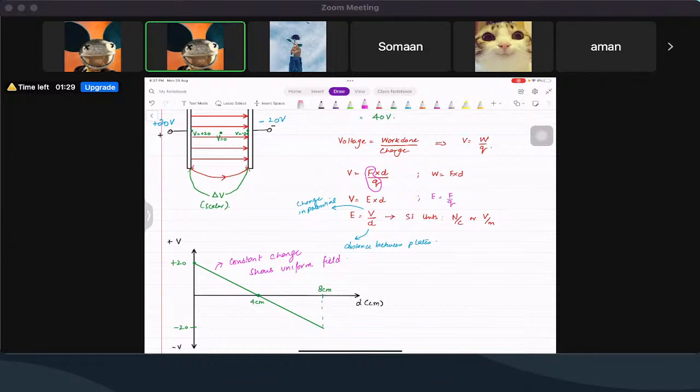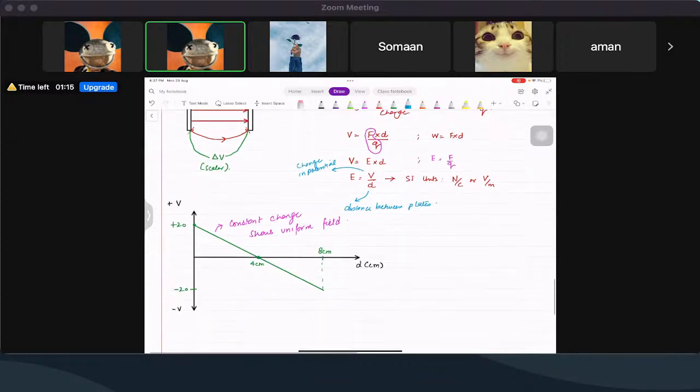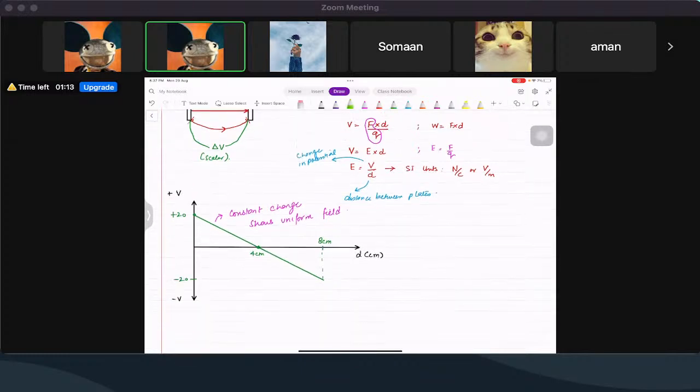Okay, now the interesting thing here is that you might also see something very important, and that is if I try to find the gradient of this line, so I'm finding the gradient, right?